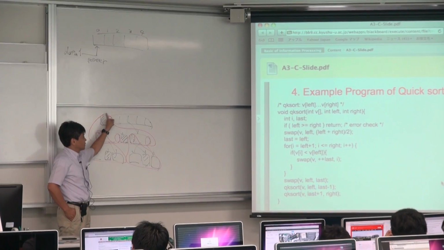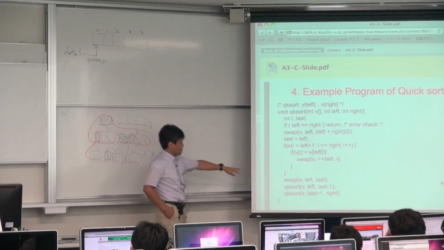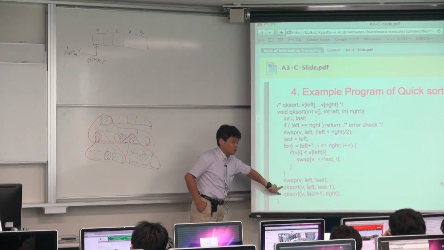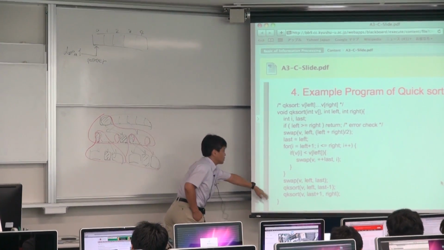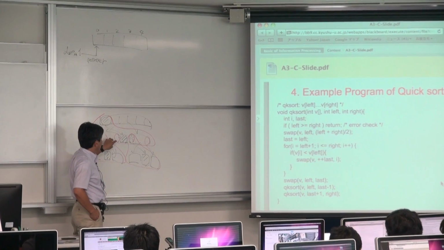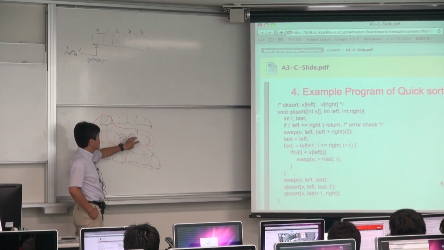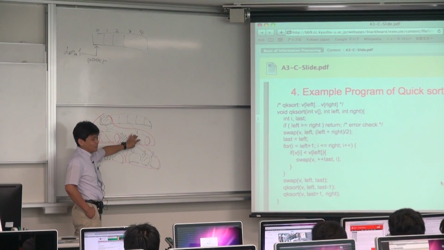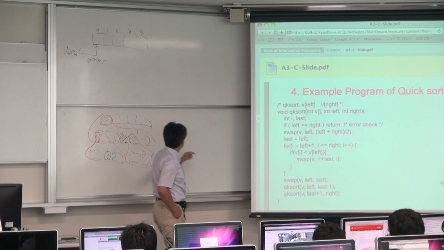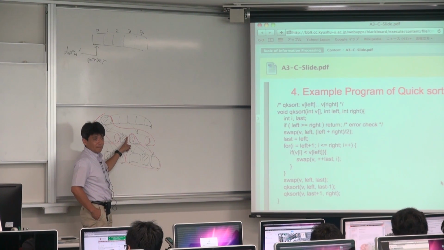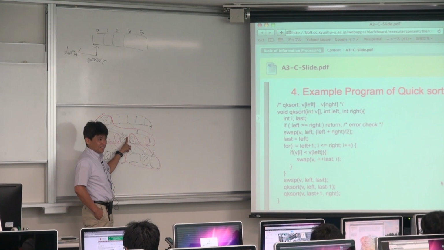And after that, two quicksort calls will be made, each corresponding to the less than part and the larger than part. So last, it corresponds to these positions. Okay?